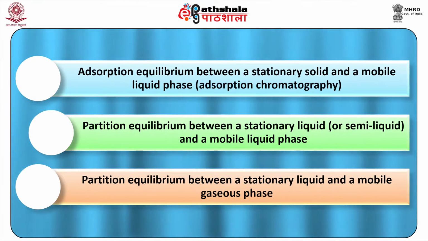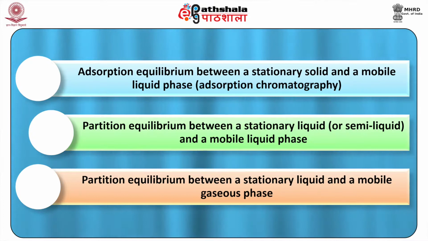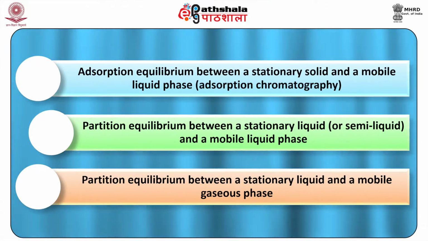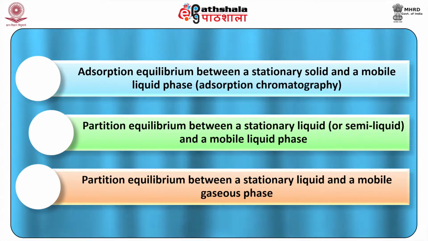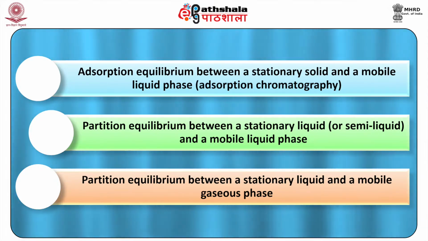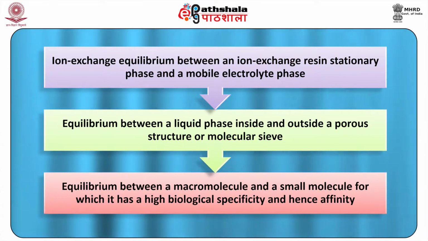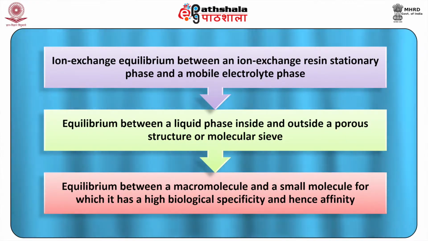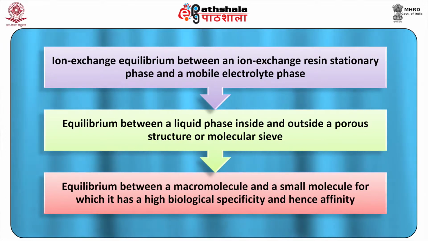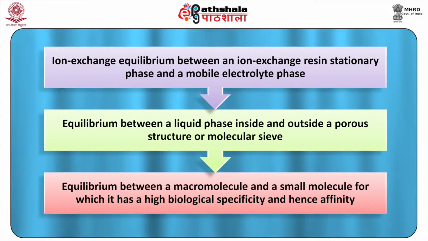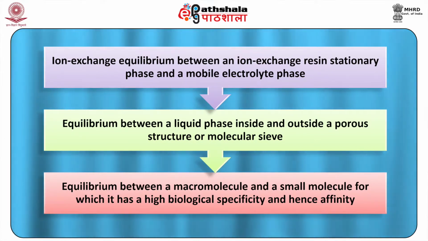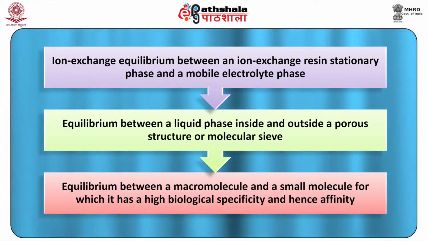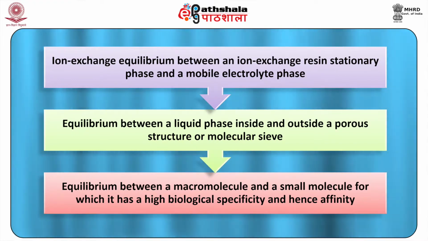This is obtained by setting up an adsorption equilibrium between a stationary solid and a mobile liquid phase, or adsorption chromatography; partition equilibrium between a stationary liquid or semi-liquid and a mobile liquid phase; partition equilibrium between a stationary liquid and a mobile gaseous phase; ion exchange equilibrium between an ion exchange resin stationary phase and a mobile electrolyte phase; equilibrium between a liquid phase inside and outside a porous structure or molecular sieve; and equilibrium between a macromolecule and a small molecule for which it has high biological specificity and hence affinity.